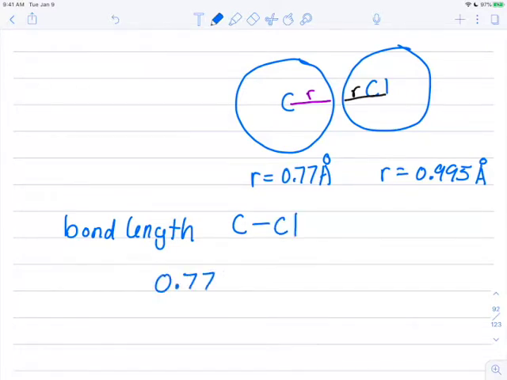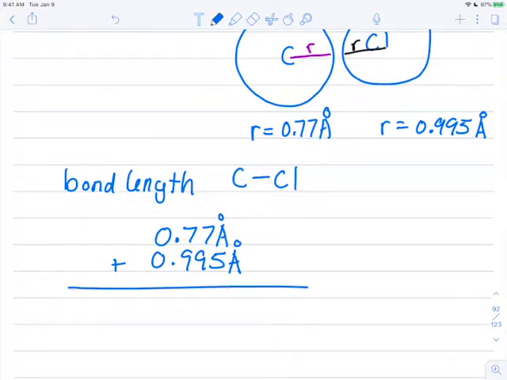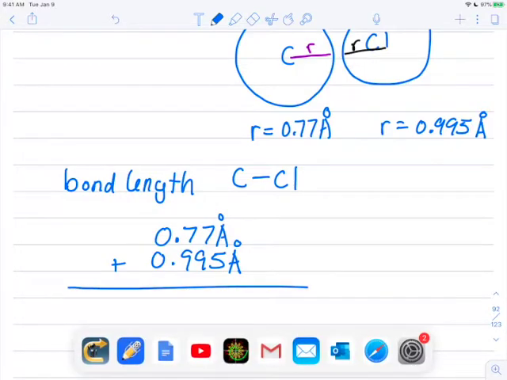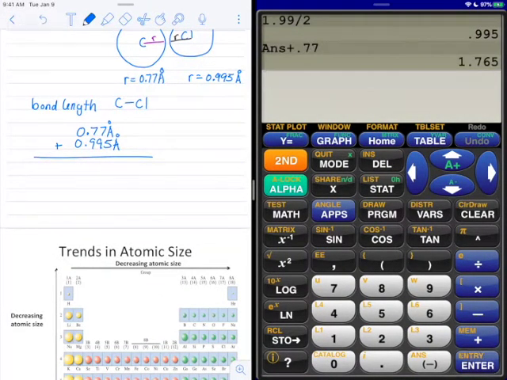It's going to be 0.77 angstroms plus 0.995 angstroms. So I'm going to take that 0.995, add in the 0.77, and I'm going to call this 1.77 angstroms, like so.